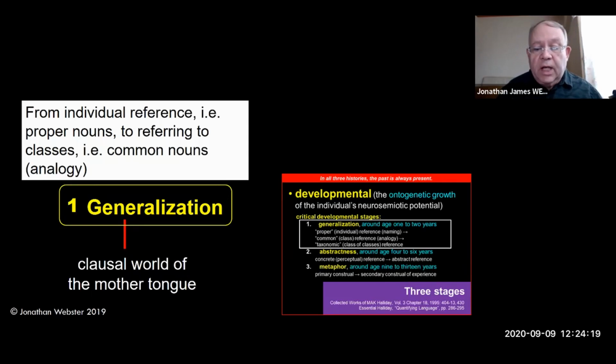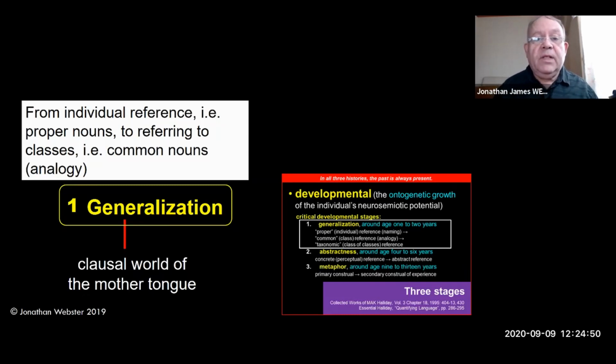He looked at the use of language by children, and at age 1 to 2 years, children have the ability to generalize. They can move beyond talking in terms of proper nouns, names of people, to referring to classes. Not only is it just saying mommy, daddy, there becomes a sense of this is a mommy, this is a daddy.